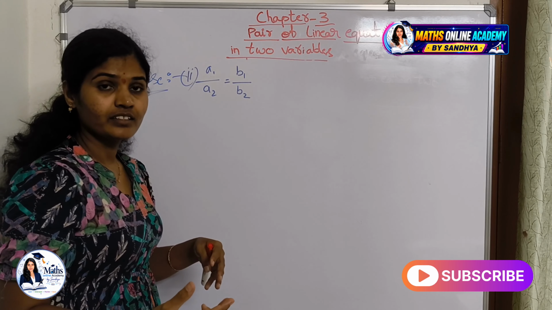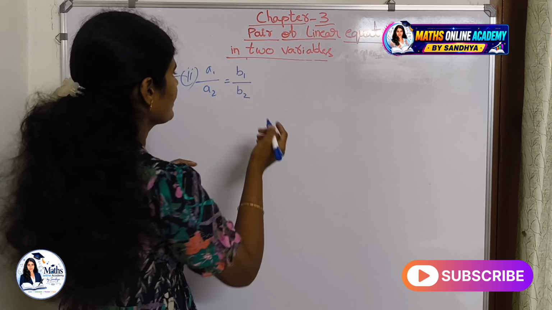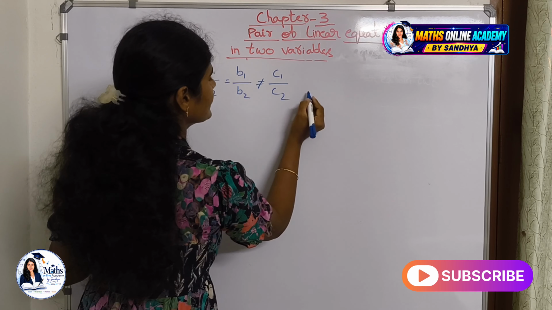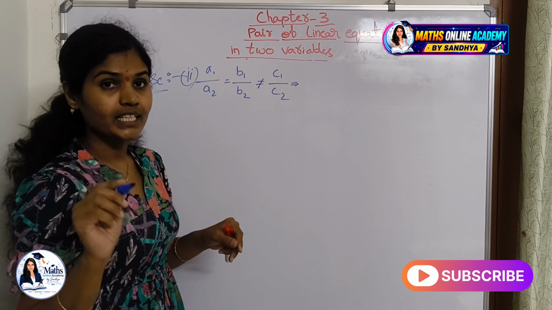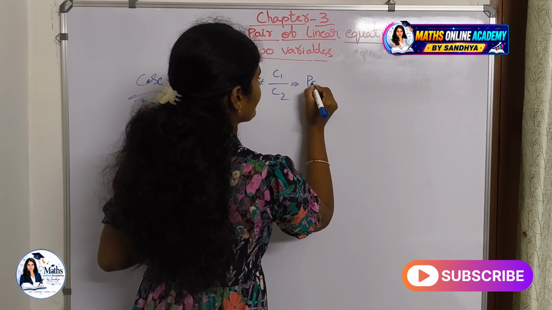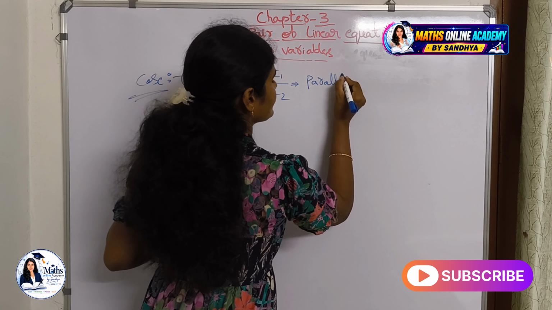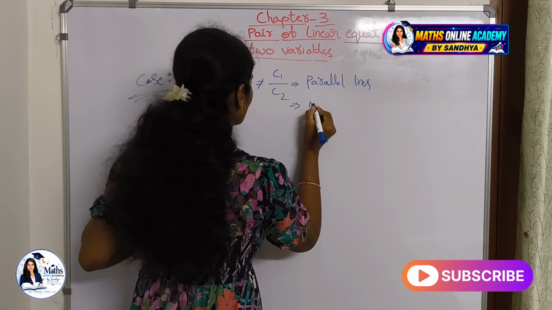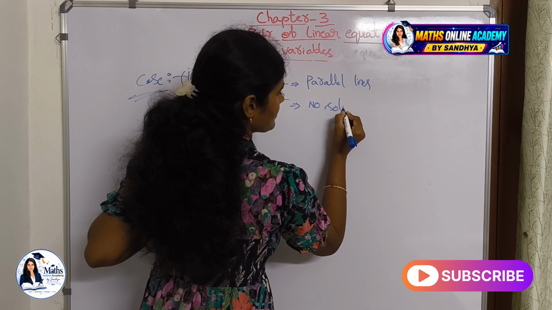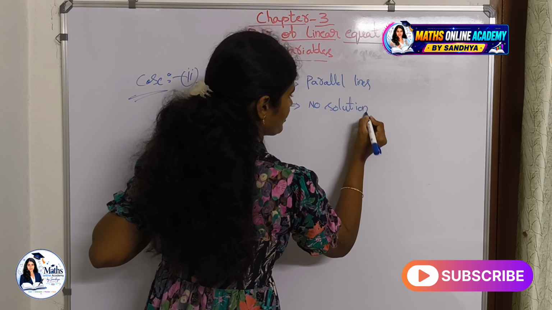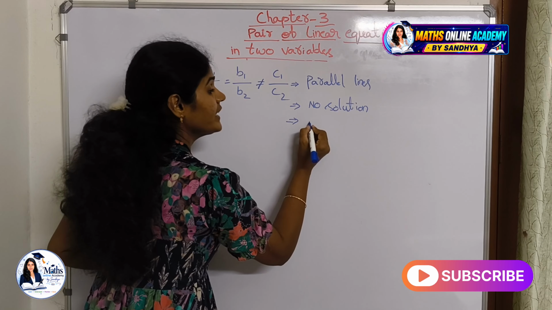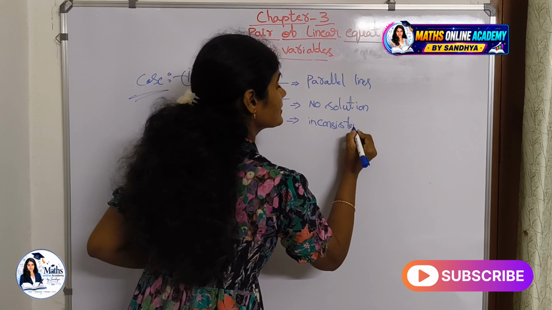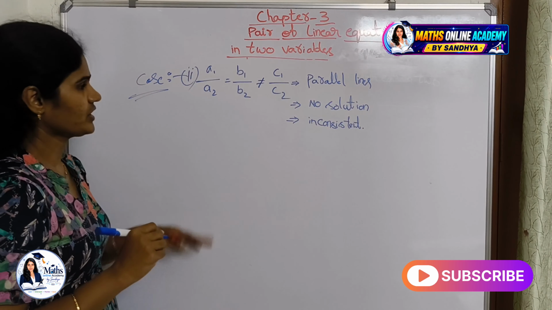Let's take another term, c1 by c2. If it is not equal to c1 by c2, these are parallel lines. Parallel lines means no solution. No solution means inconsistent. This is inconsistent. Okay, up to here is clear.